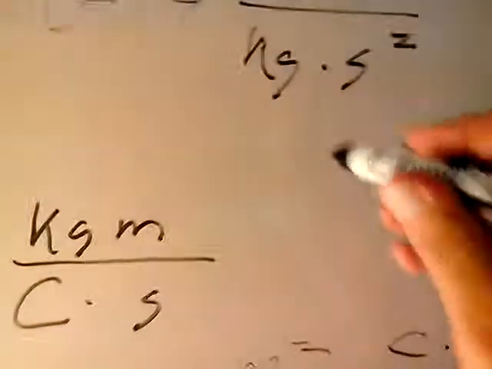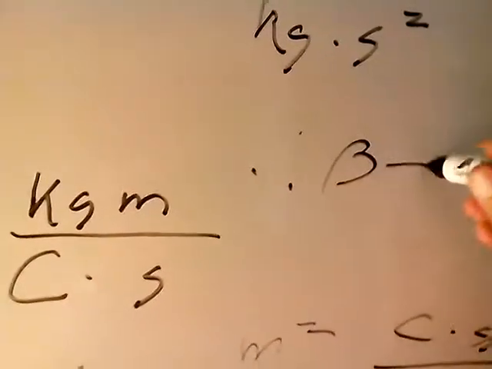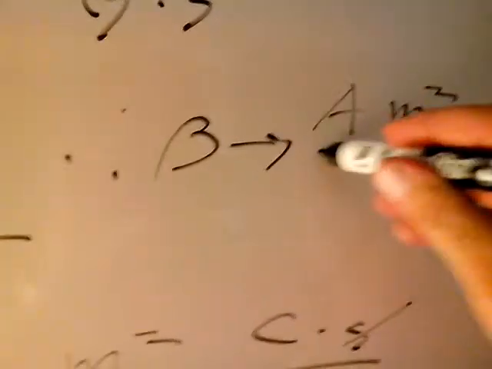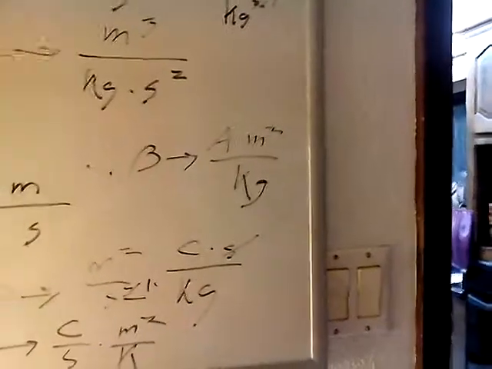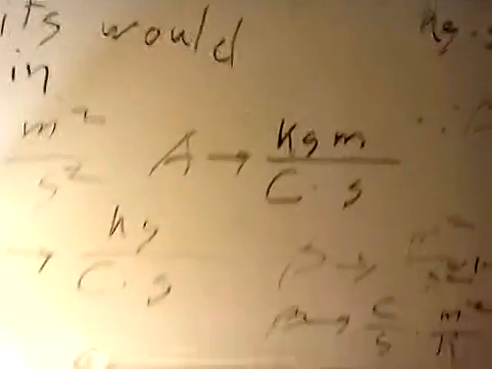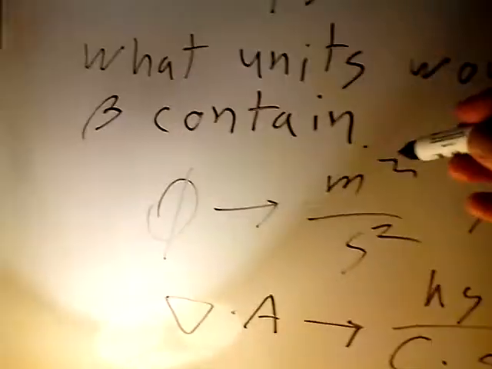So therefore, beta would have units of amps times meters squared per kilogram. That would be your units for beta, to convert the divergence of the magnetic potential to a gravity potential, which has units of meters squared per second squared.